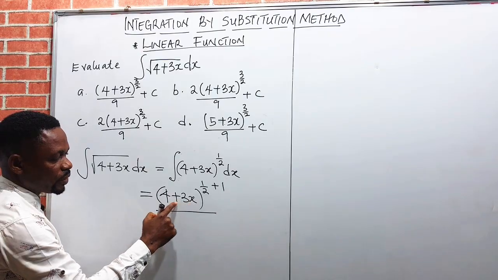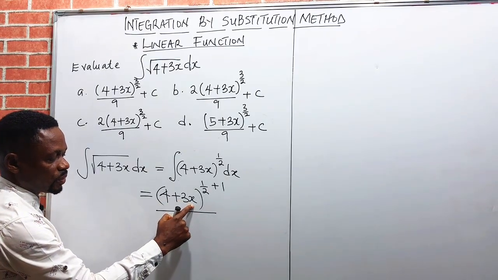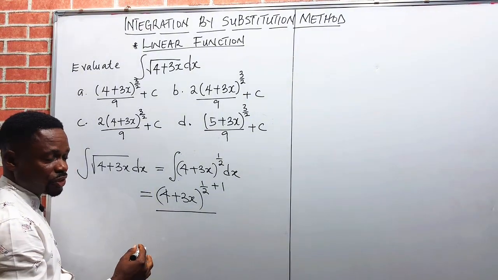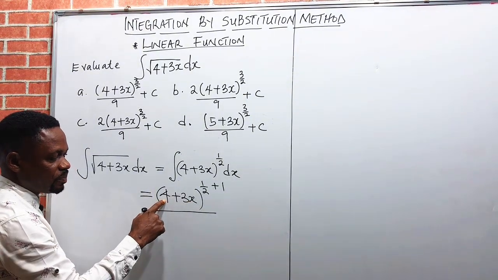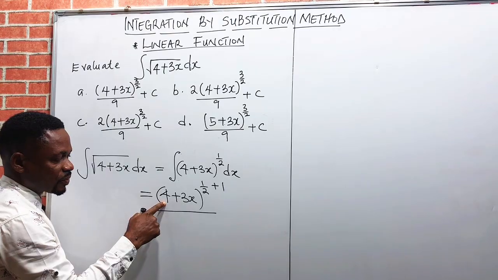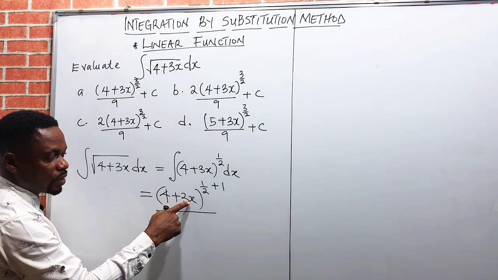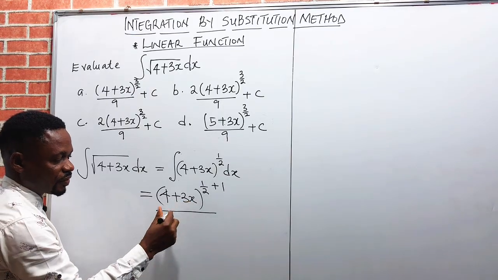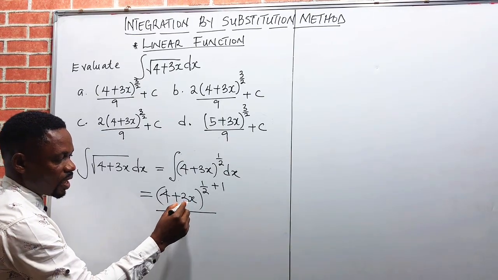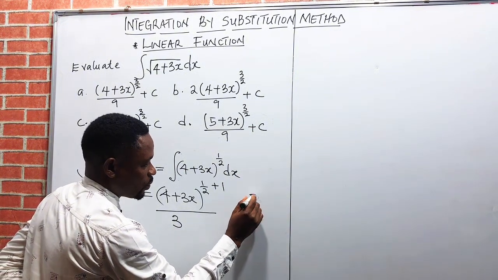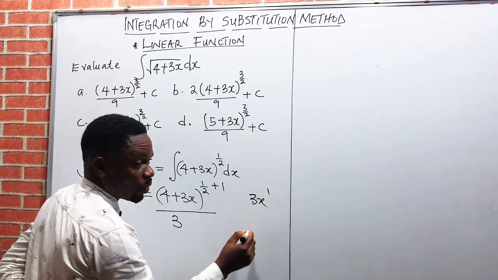I told you before, integration by substitution is the combination of differentiation and integration. Now let's differentiate the base. The constant 4 under differentiation is always 0. Then we differentiate 3x, which gives 3. How is it 3? This is 3x with an invisible power of 1.